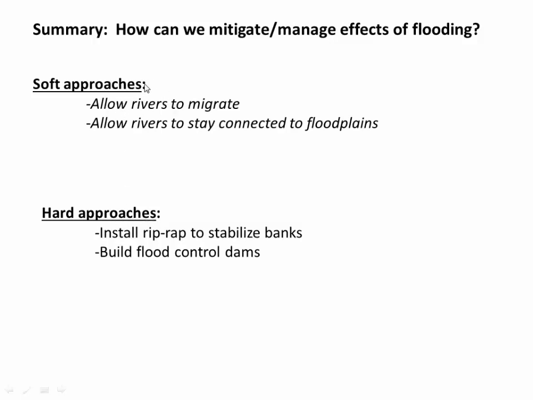So soft approaches to mitigate flooding would be to allow rivers to migrate and to erode their banks. We know that when they do this, they create a natural channel geometry that allows them to dump more of their energy more effectively and reduce the intensity of downstream flooding. Likewise, if we allow them to stay connected to their floodplains, we know those floodplains can temporarily store water, which can diminish the intensity of downstream flooding.